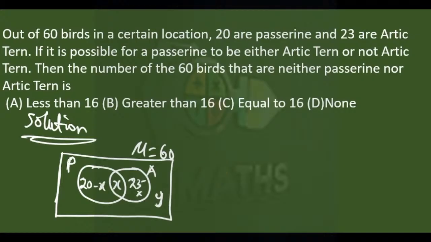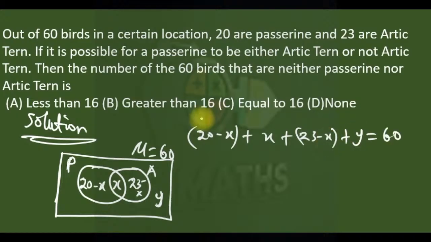So it's now easy for us to solve. If we add the ones that are only passerine, plus the ones that are both passerine and Arctic tern, plus the ones that are only Arctic tern, plus the ones that are neither, then it must give us 60 birds.